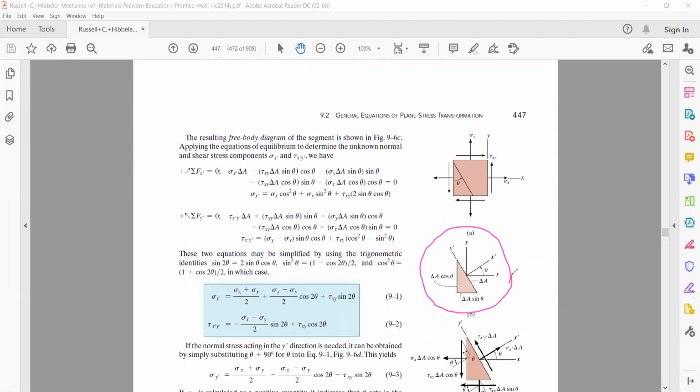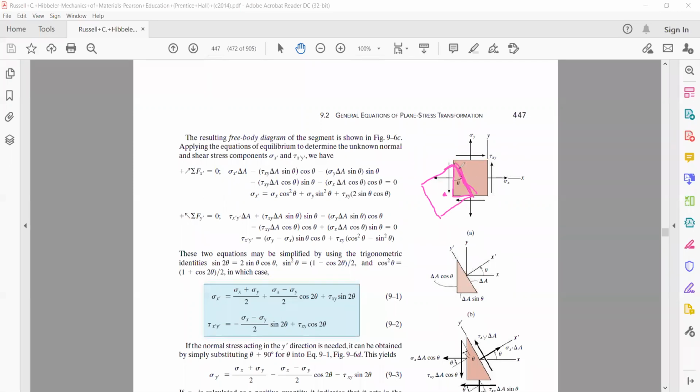This is something we need to understand: why the wedge element has been extracted on an inclined plane. If you complete this wedge, it is part of some element, in fact a side of an element.